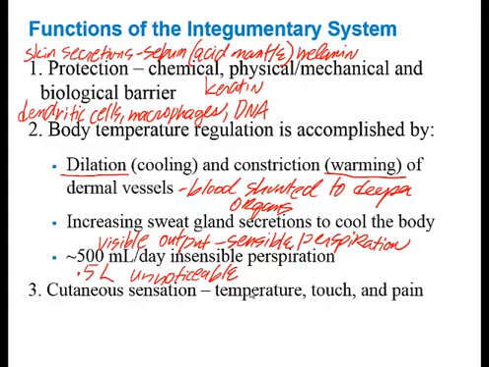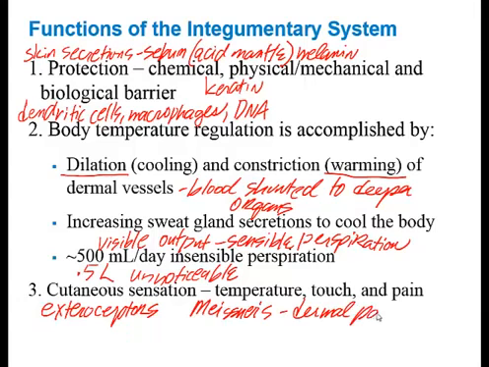The third function is cutaneous sensation, and so this is going to be due to the exteroceptors, and the exteroceptors are the receptors that are on the integumentary system, the external part of our body, and we have the Meissner's or the tactile corpuscles, and these are going to be found very superficial, and they're in the dermal papillae, which remember is the most superficial region of the dermis.